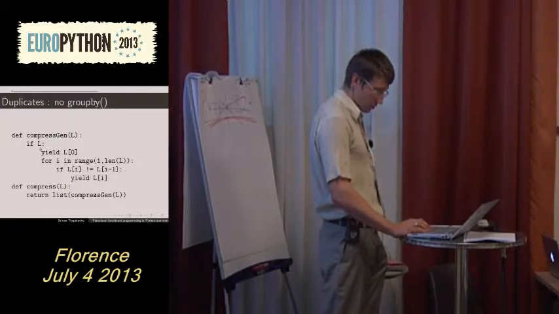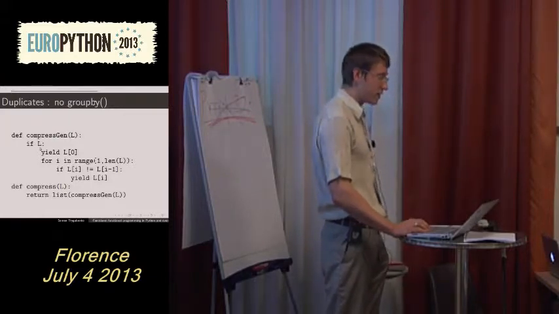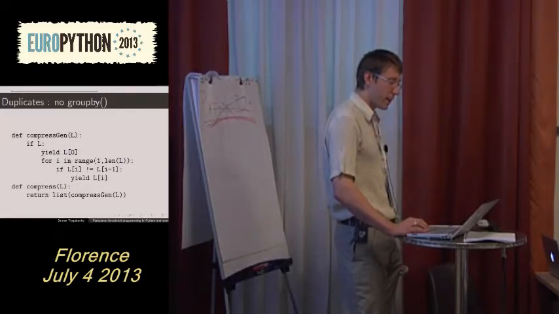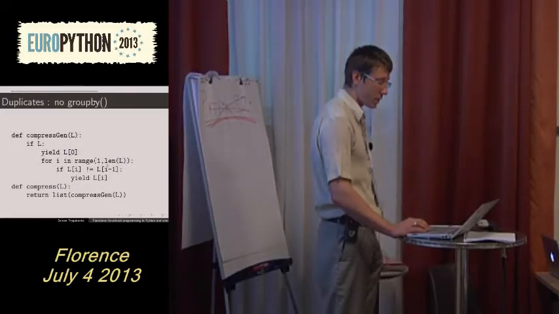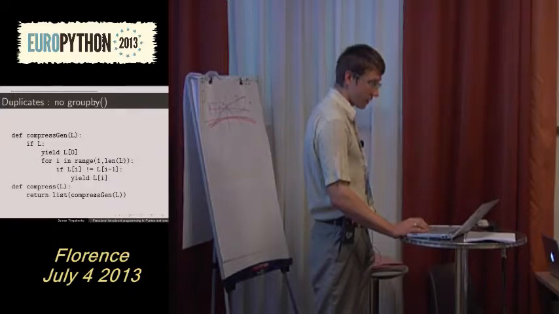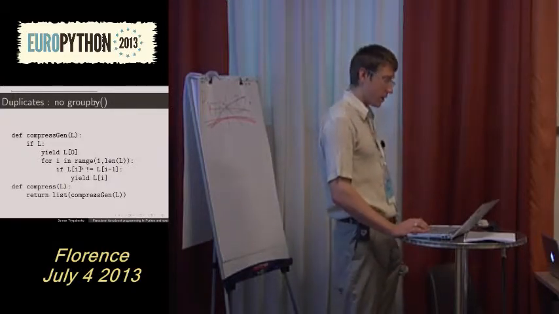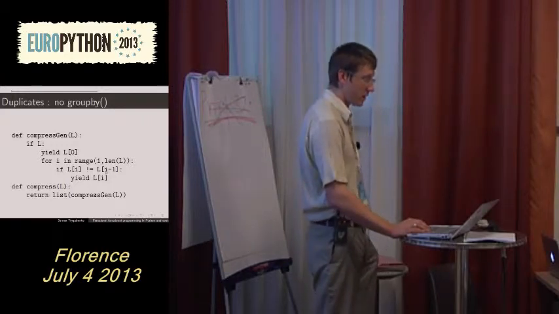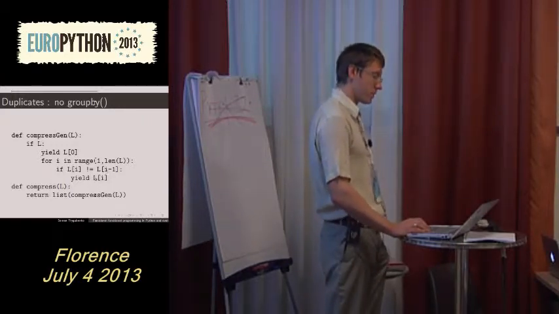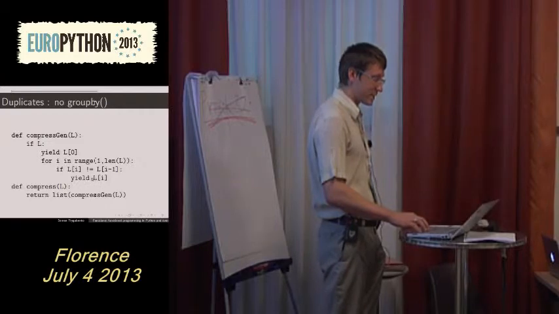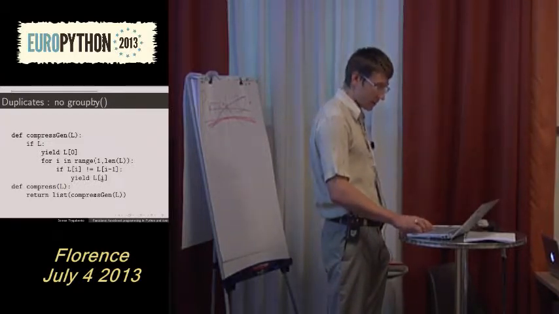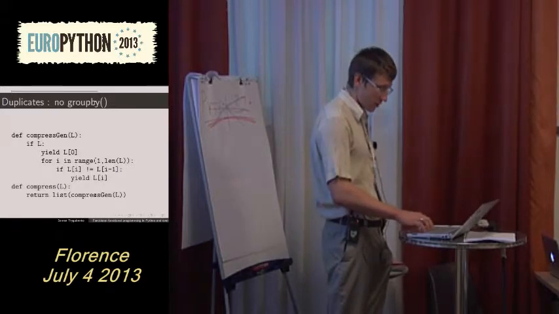What it does: if L is non-empty, it will yield the first element, and then proceed to work on the rest of the elements. If the current element is the same as the previous element, it will continue on to the next element, but otherwise it'll yield it. So that solution is in the solutions folder.